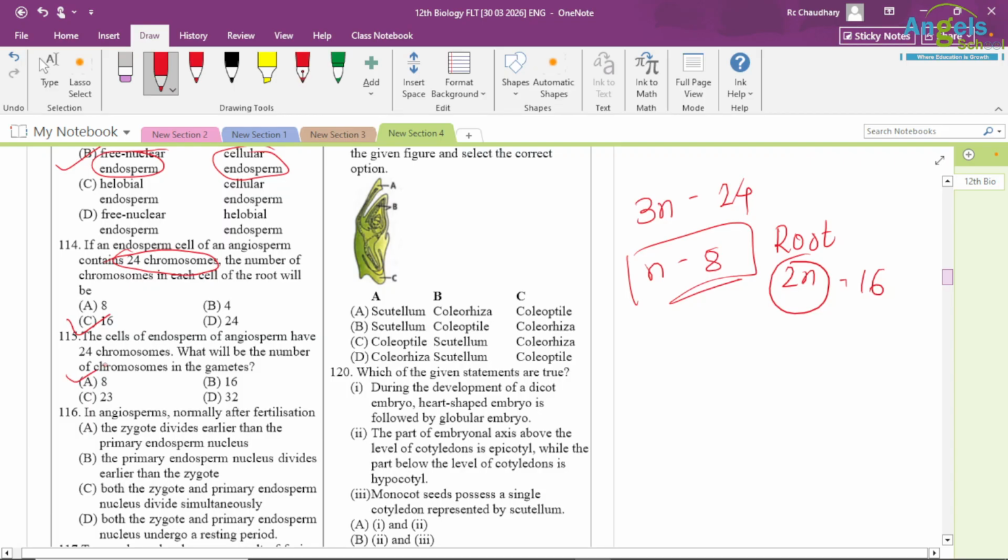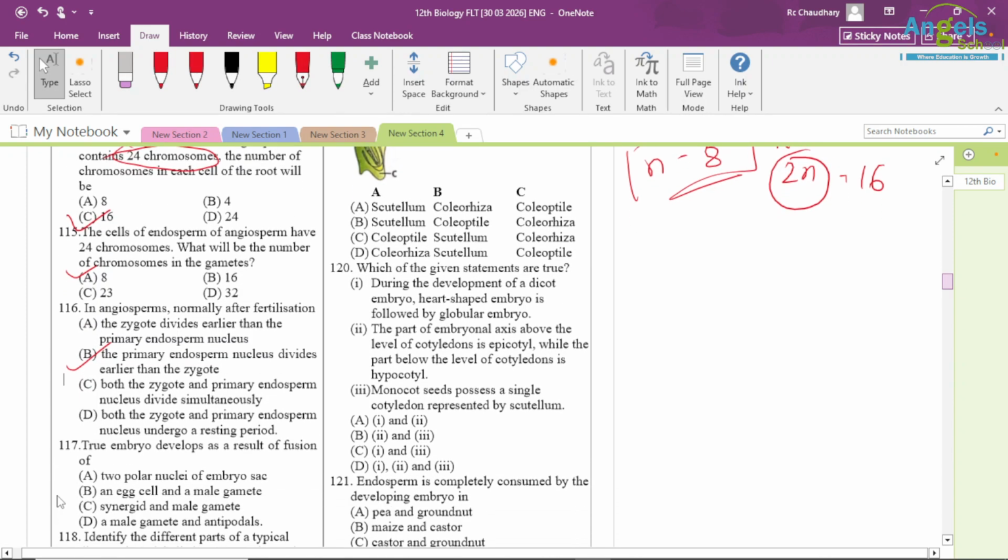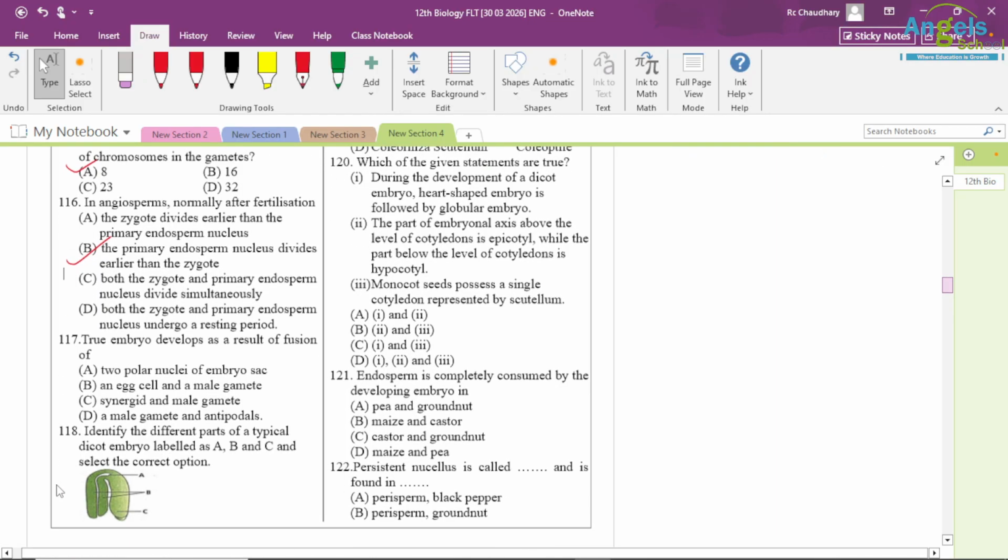The angiosperm normally after fertilization develops primary endosperm nucleus which divides, and then zygote formation occurs. Okay, so option B is correct. The true embryo develops as a result of fusion of two cells, one is egg cell and one is male gamete only. So option B is correct.